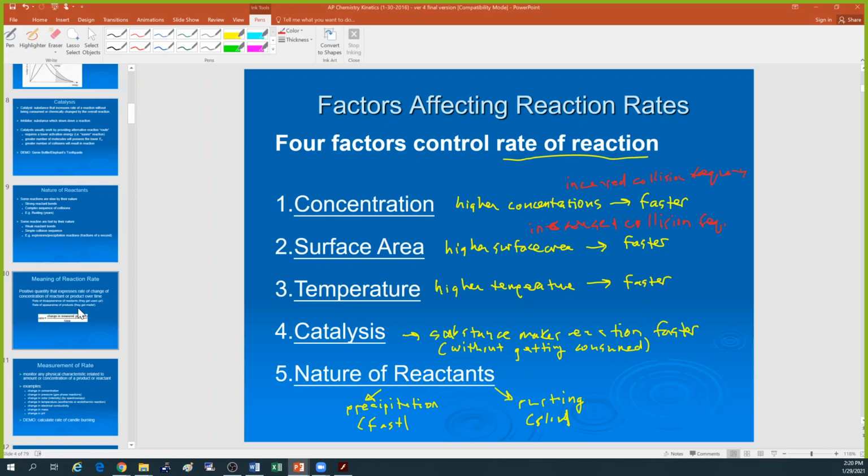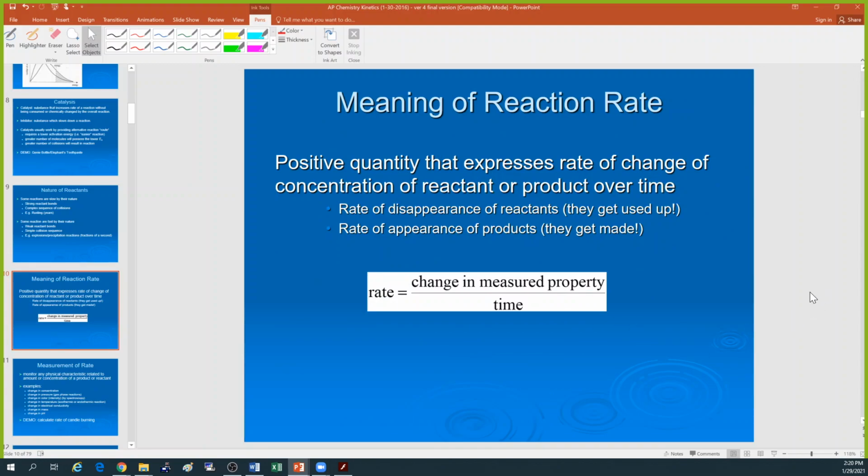But I'm just saying the idea of measuring a reaction rate is really simple on the average. So on average, if we measure some property of a system, mass, volume, temperature, conductivity, concentration, pressure, color, any of these properties that can change over time, the rate of the reaction can be tied to any of that.